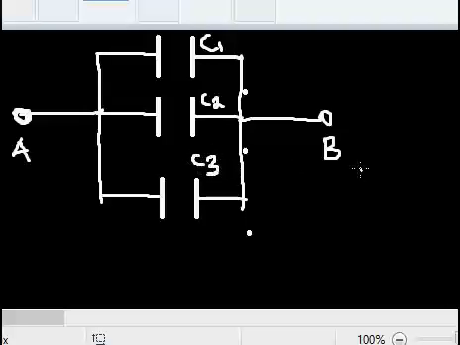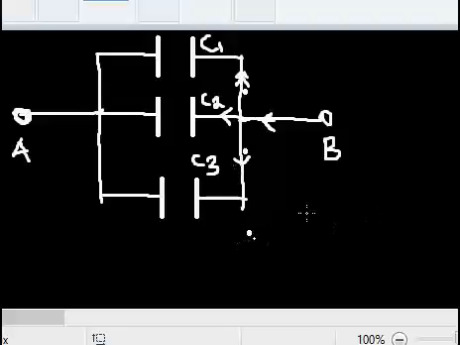Now, one thing about the characteristics of capacitors when you join them in parallel, as shown like this, is that when the current from the voltage supply enters the capacitors, the current divides. Some current enters C1, some enters C2, some enters C3.